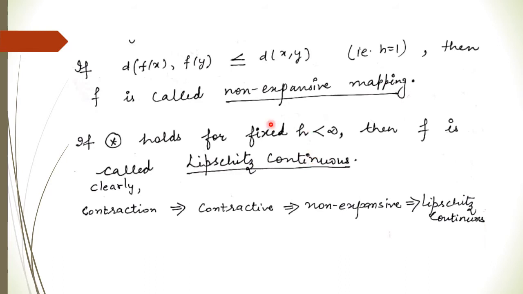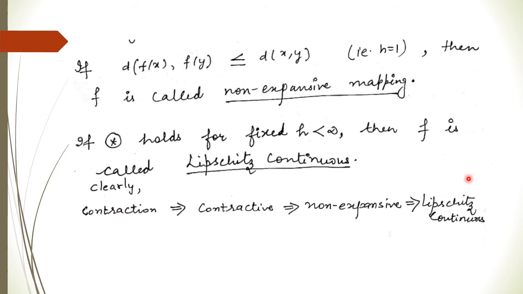Now what is the relation between all of these? Every contraction mapping is contractive, every contractive mapping is non-expansive, and every non-expansive mapping is Lipschitz continuous, but the converse need not be true.